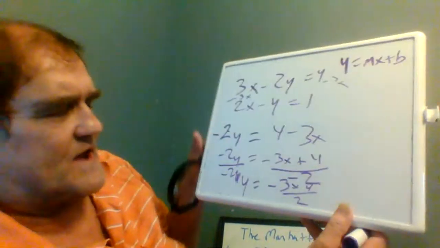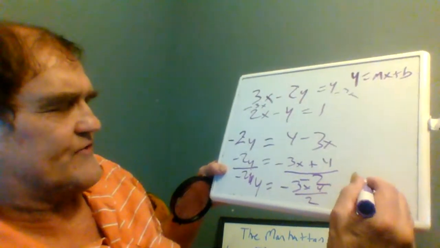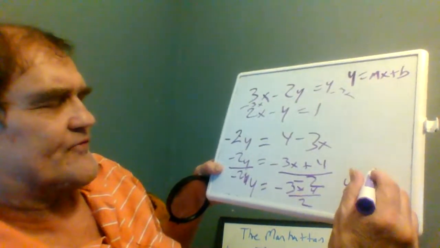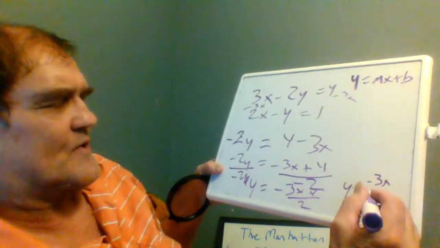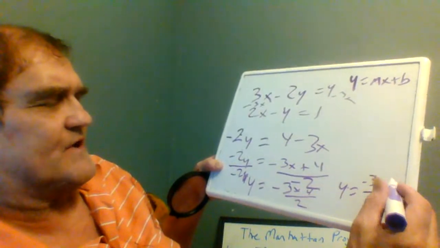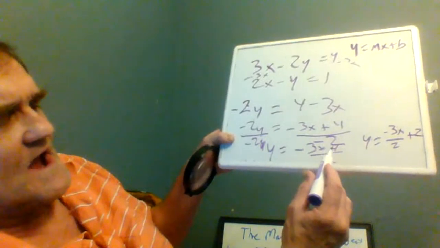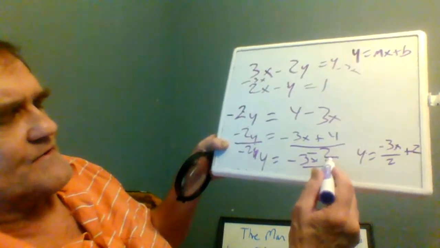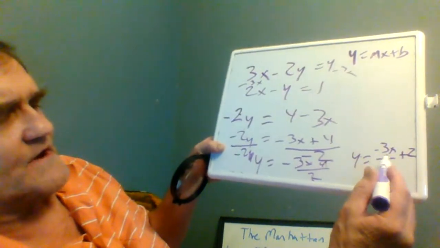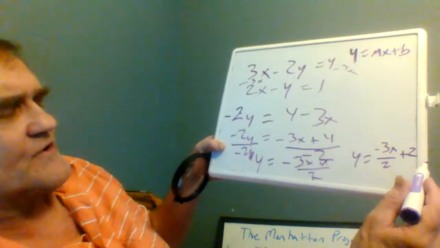Now, what do I do with that? Probably the best way is y is equal to negative 3x over 2, and then the 4 divided by 2 gives 2. So I got negative 3x over 2 plus 2.